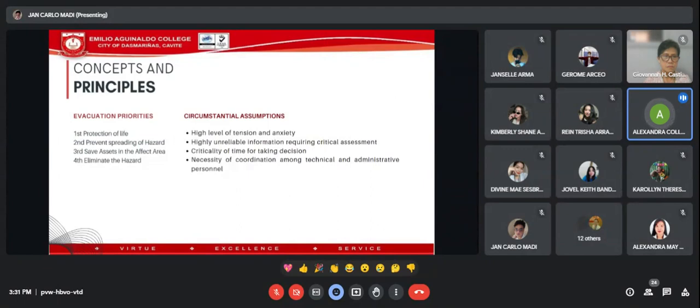So, kung kunyari, ang gumagawa po ng mock drills ay isang school or institution, so kasama po dyan yung board of directors, yung mga teachers, yung mga guard, so kasama po sila lahat. And also, lastly yung mga student. So, meron the same system kapag nasa community tayo. So, dapat alam natin kung paano nag-flow ang communication between these personnel during the mock drills as well as the emergency situation. Next po.